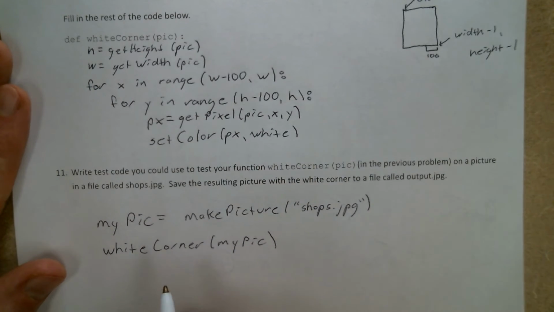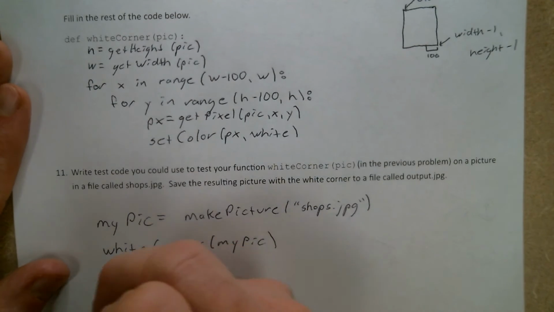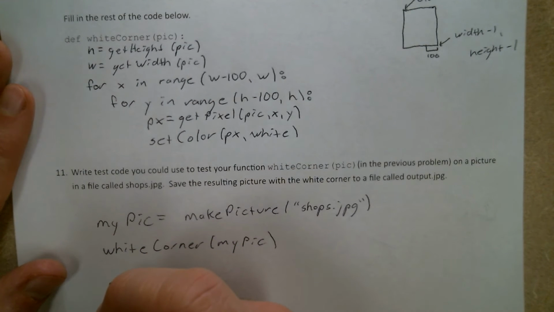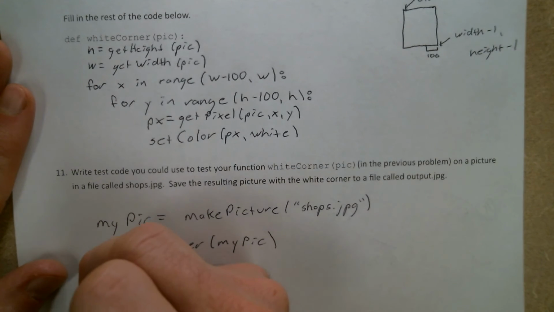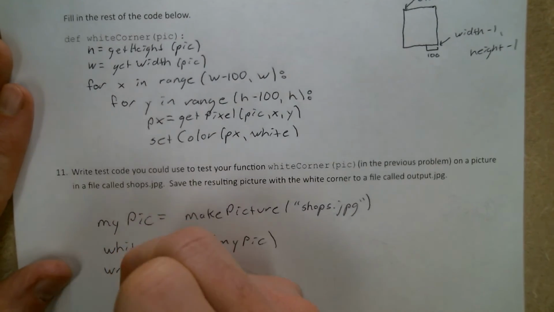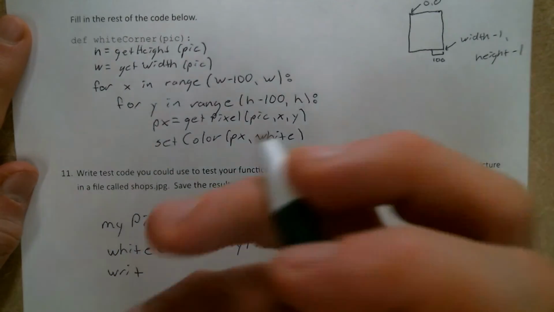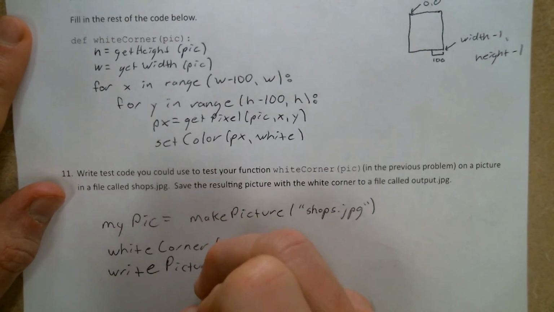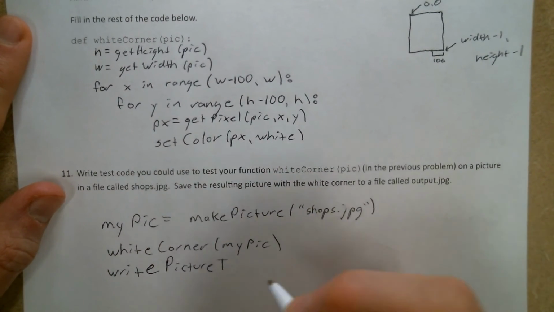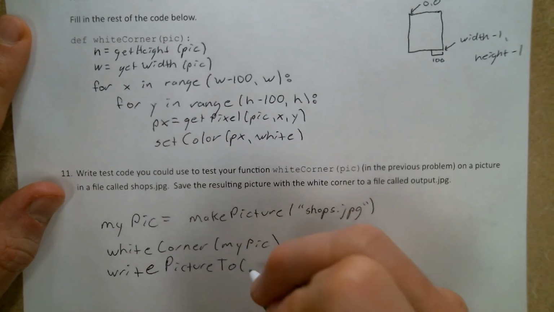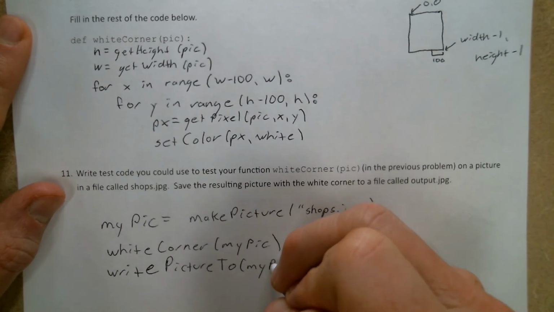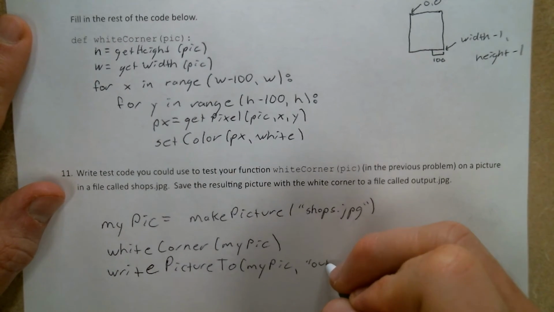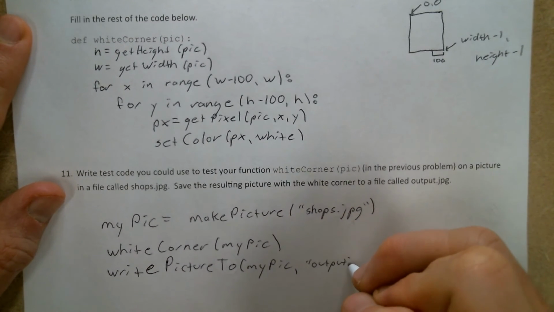That's going to modify the picture, and then once it's modified, I'm going to say write picture to, and the picture that I'm writing is my pick, and I'm writing it to output.jpg.